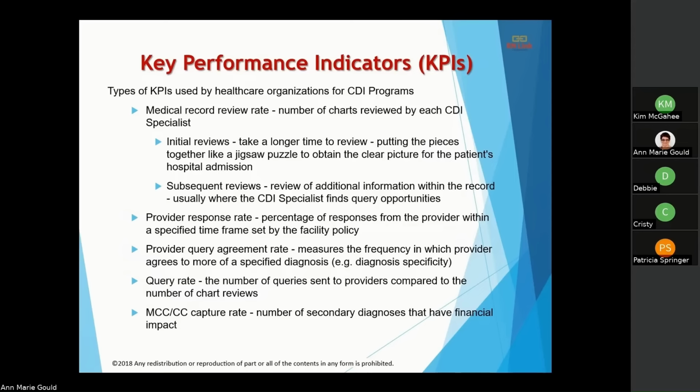But your query rate usually will drop over a period of time when the providers learn. When CDIs educate the providers, your query rate may not always be high. It'll drop. I believe ACDIS and AHIMA said their standard was, I think, above 15%. Usually I see them around 20 to 25% for facilities.